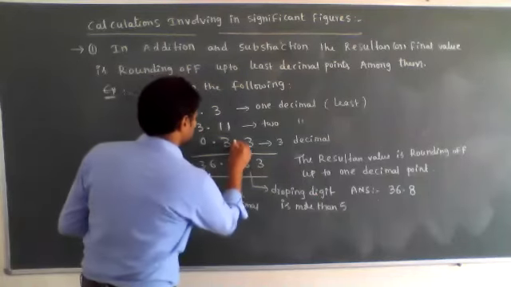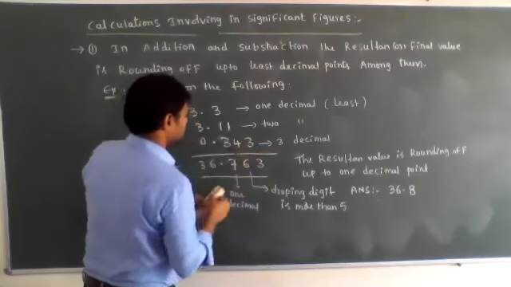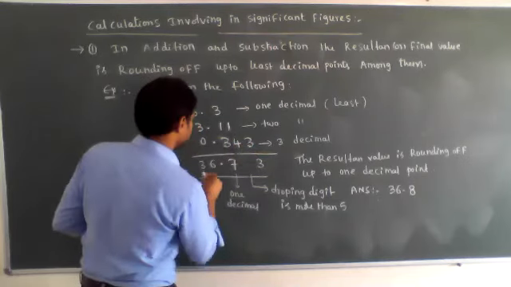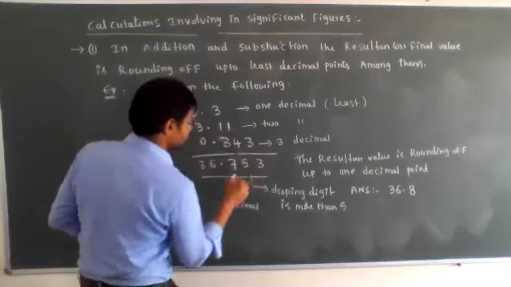Let's see one more example. Here I am changing the number to 0.4. Now what is the answer? We got 36.75.